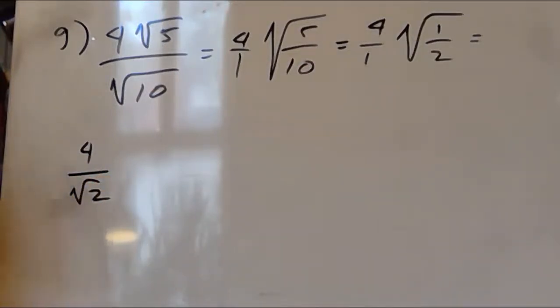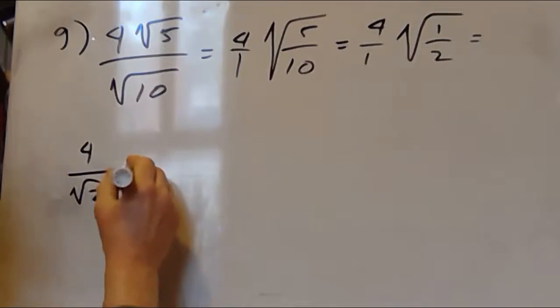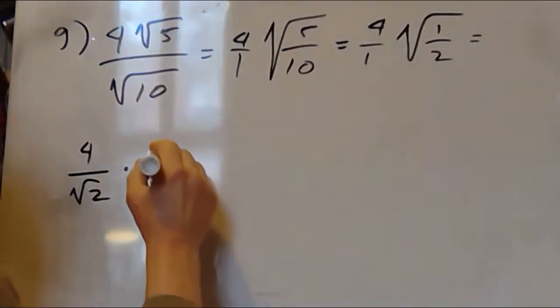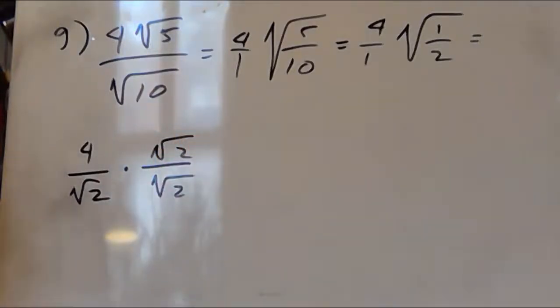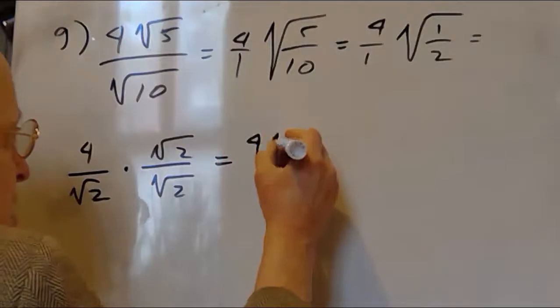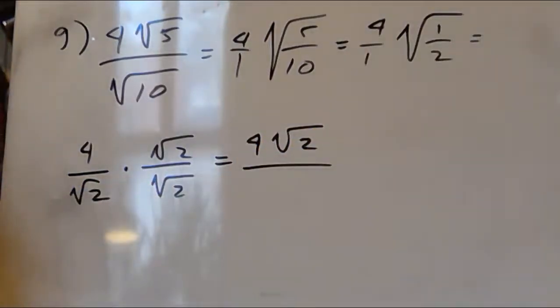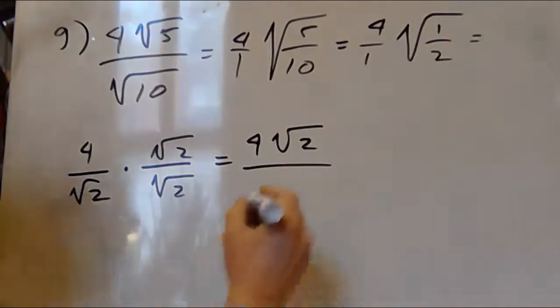We still have to finish that up because we have an issue with that square root on the bottom. So now what we do is we have 4 square root of 2, and then we found earlier that that would be equal to 2.